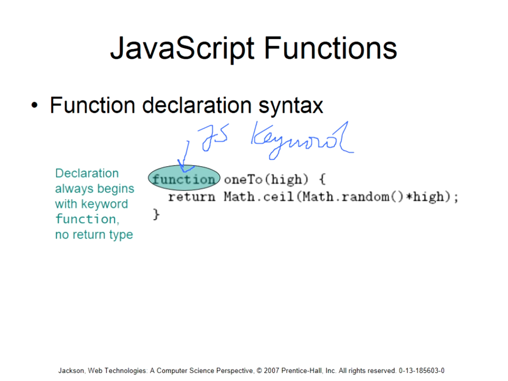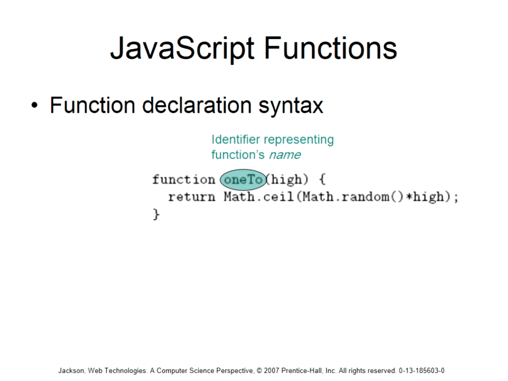Is it clear? Good. After the keyword function, I have to specify an identifier representing the function name. So what is the function name in my example here? One, two.